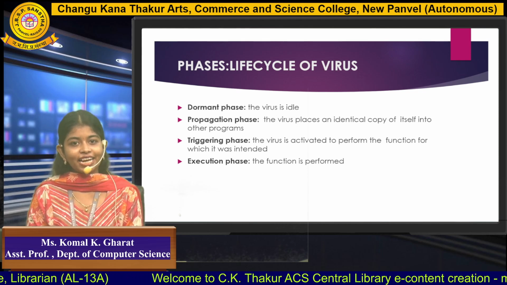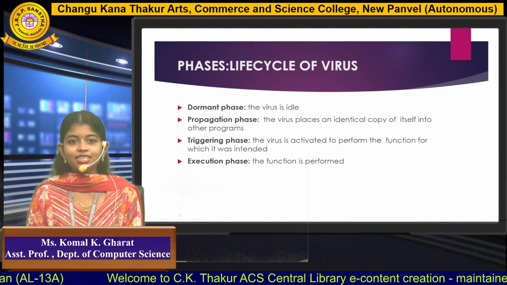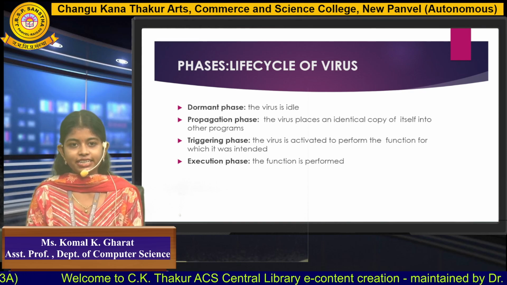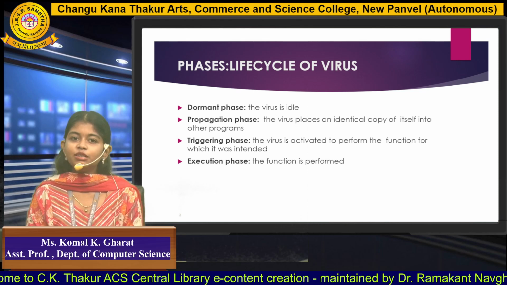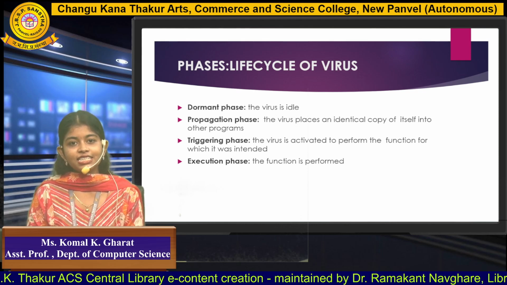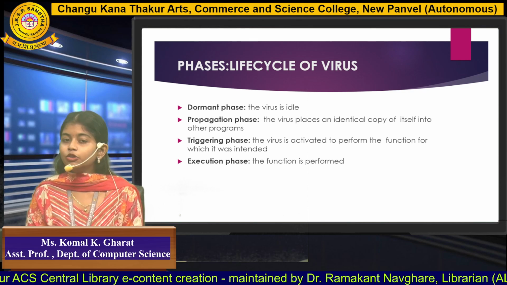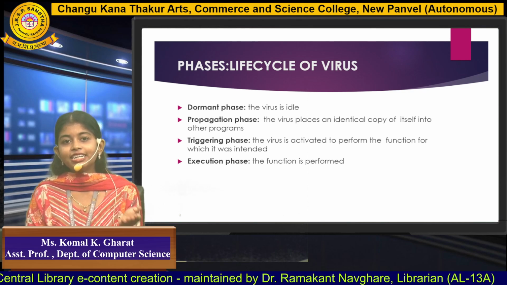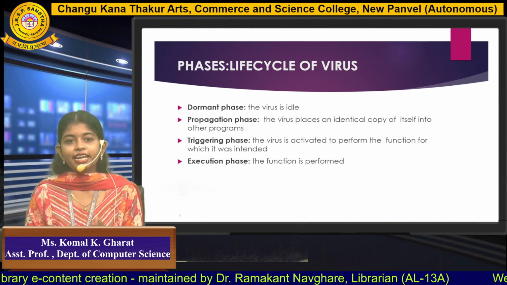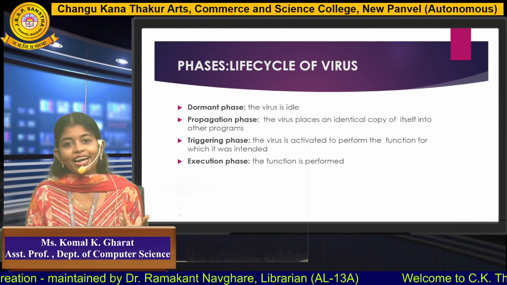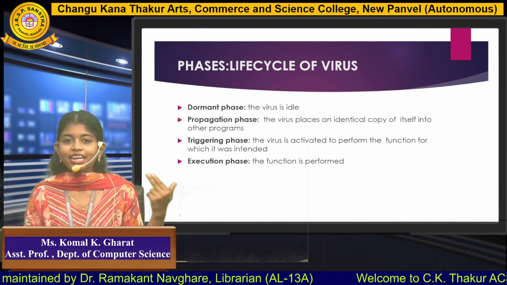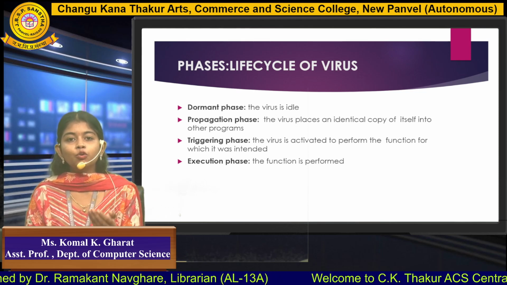The virus is activated to perform the function for which it was intended. Means till these two phases, the dormant phase and propagation phase, the virus is in the inactive state and doing nothing. It just created its copies. But now in the triggering phase, this virus is in the active state. Means it is ready to work.